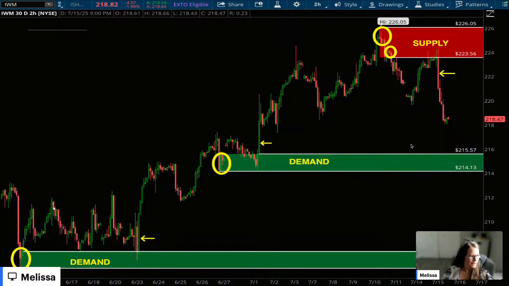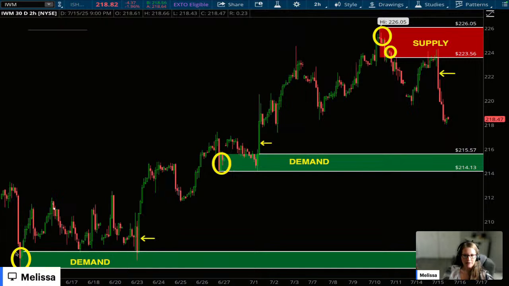When I combine an imbalance candle with my favorite candlestick pattern, which is the inside candle, I can find high probability buy zones and sell zones, also known as supply and demand zones. So you can see here again, the imbalance candle is right here at this yellow arrow.